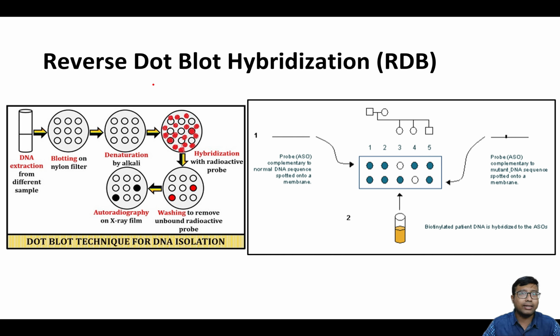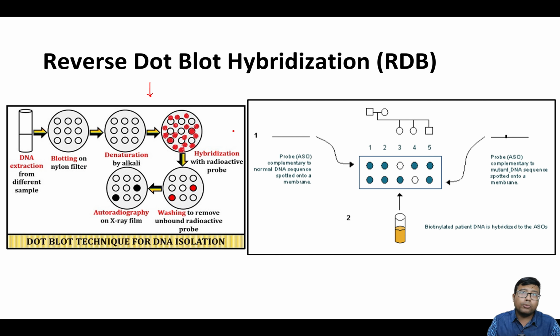On the left side, we are showing a traditional dot blot. Mind it, in any case of blot, if you are detecting a DNA, we immobilize the DNA of interest on a nylon membrane, and then we add probe on top of it.